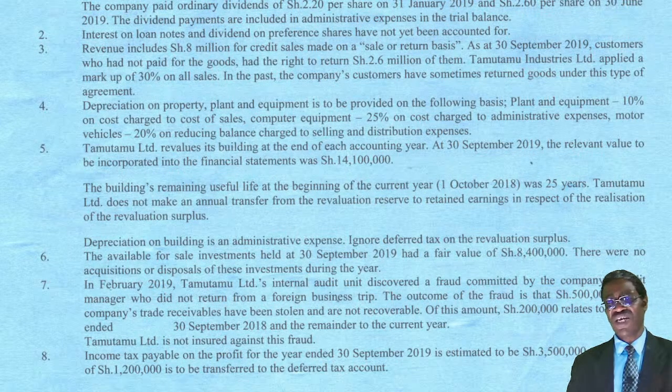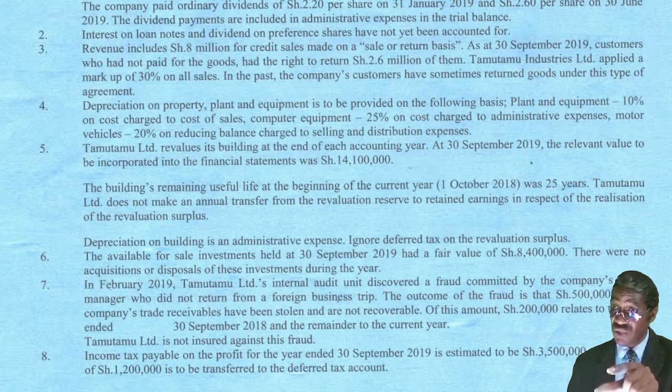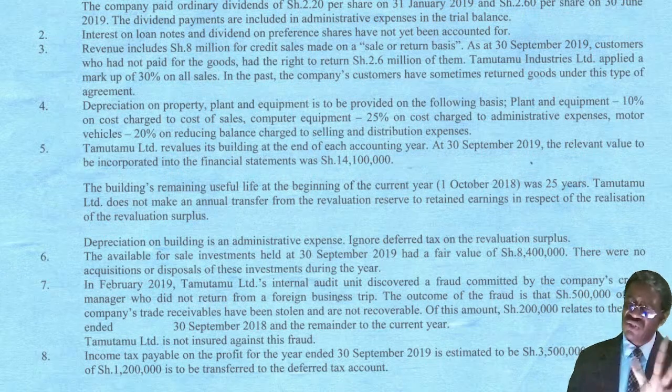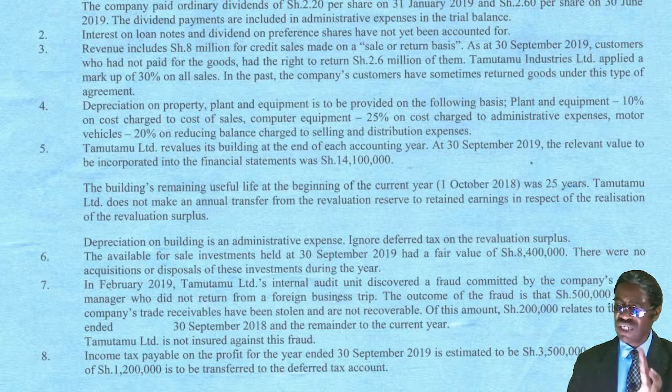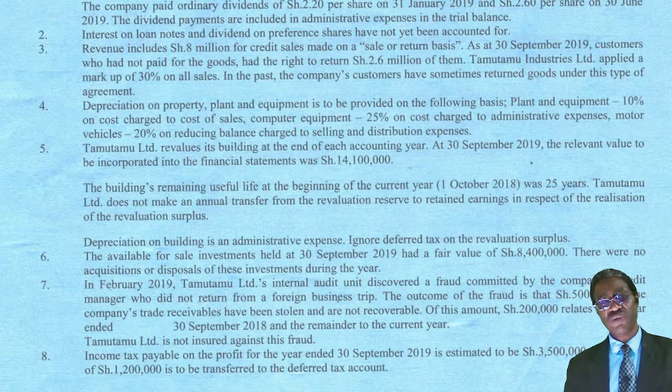When you revalue a financial asset which is available for sale, the gain or loss on revaluation, the accounting standard just says take it to the P&L account. We shall put down that information.